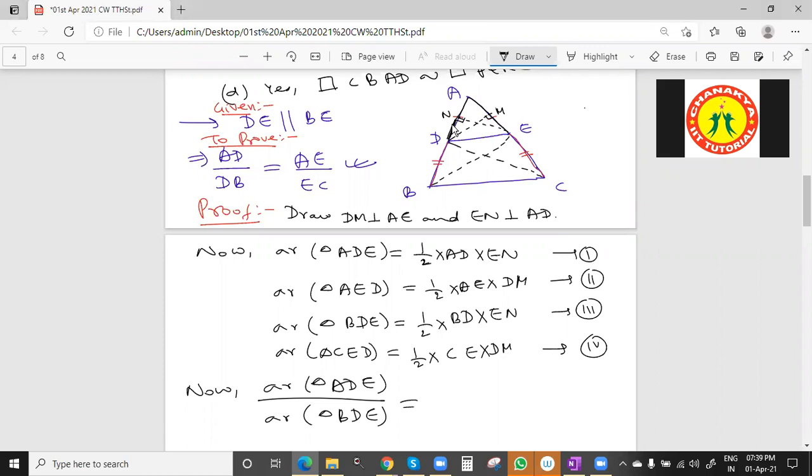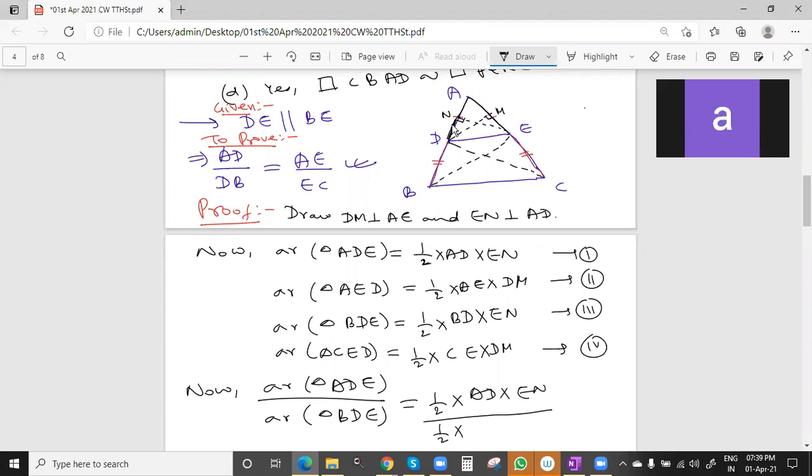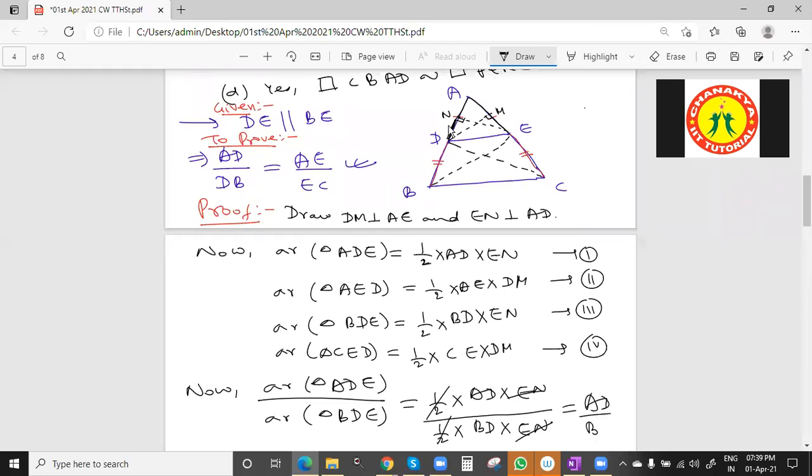So this will be half into AD into EN, and for BDE, half into BD into EN. This half cancels and EN cancels. Basically this is equal to AD by BD.